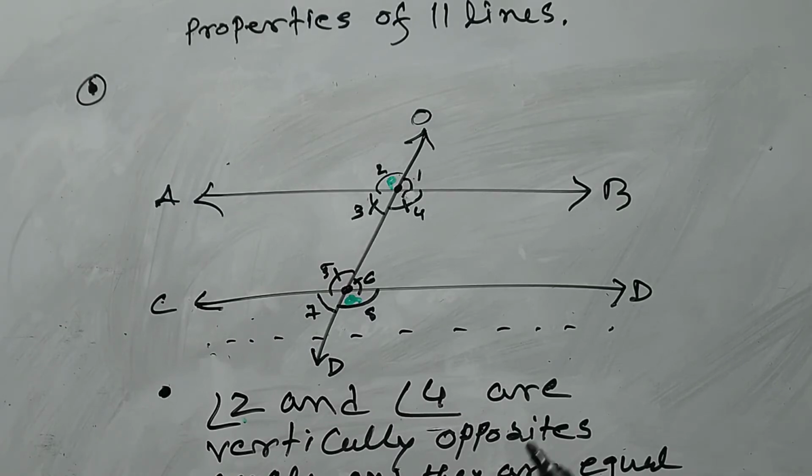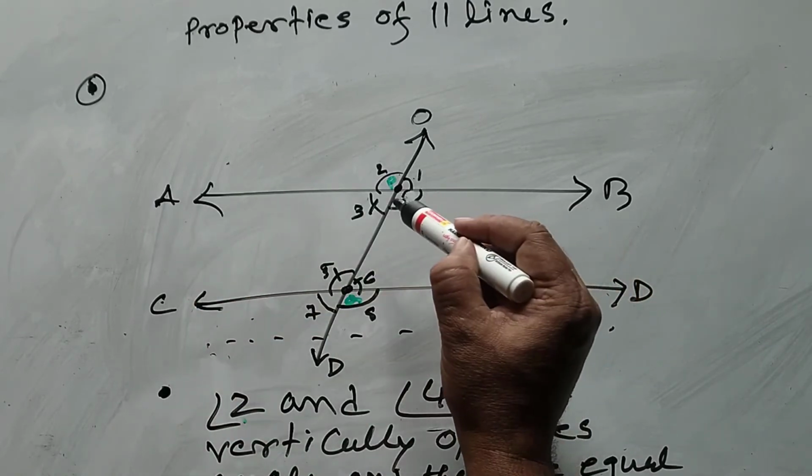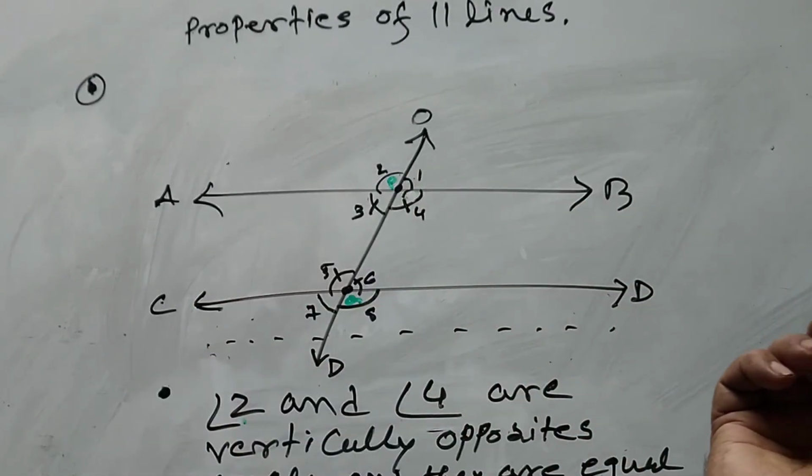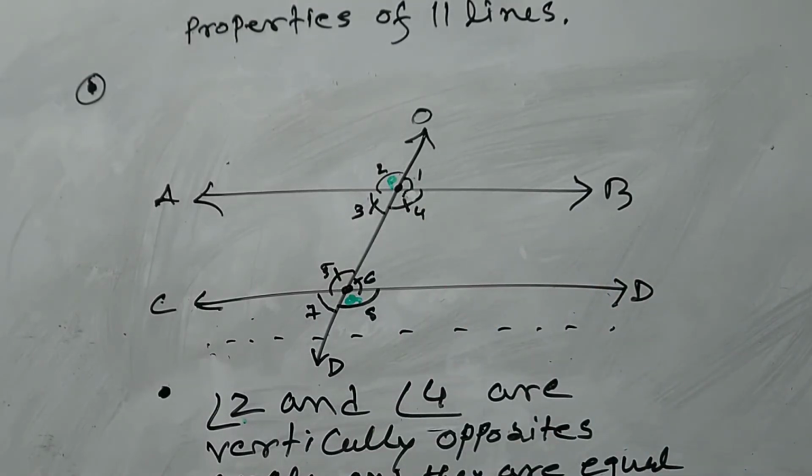Okay, so angle APQ equals angle APO, and angle BPQ are vertically opposite angles and are equal.